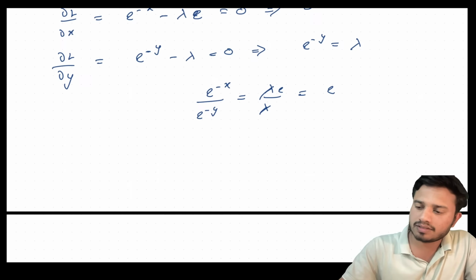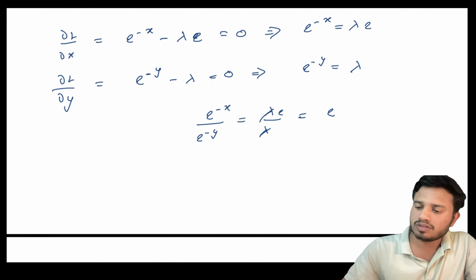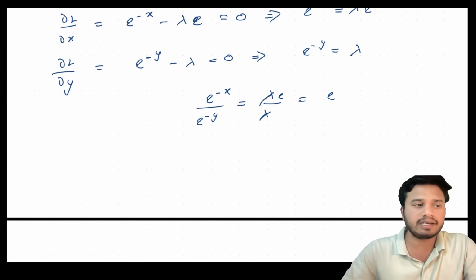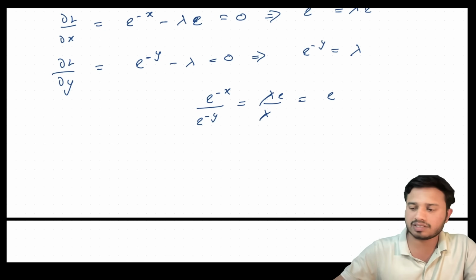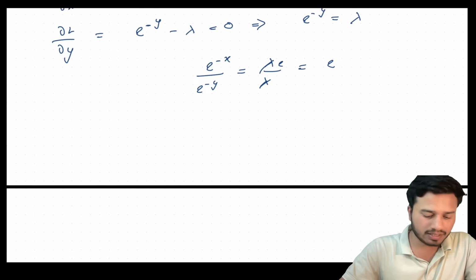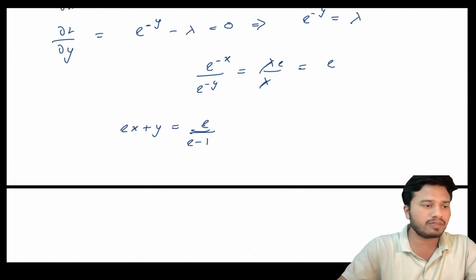Third constraint: del L by del lambda, and then really right, the constraint. The constraint is y equals to e.